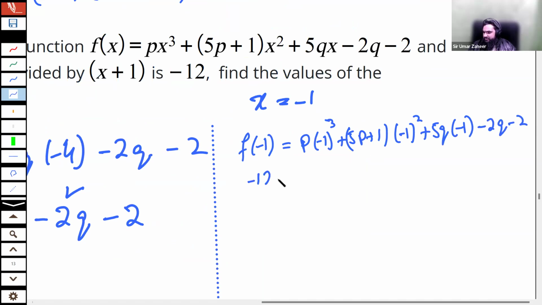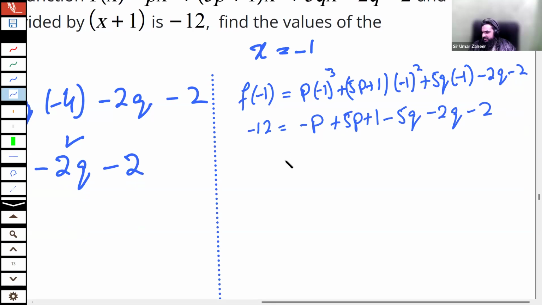This value is equal to minus 12, which is minus p, plus 5p plus 1, minus 5q minus 2q minus 2. So minus p plus 5p is 4p, minus 5q minus 2q is minus 7q, and 1 minus 2 is minus 1.